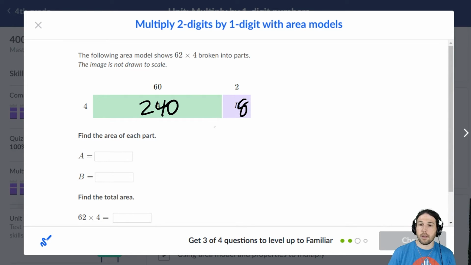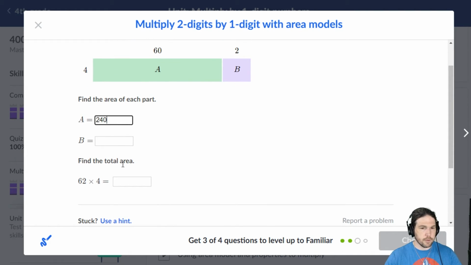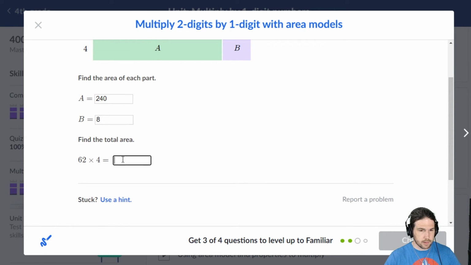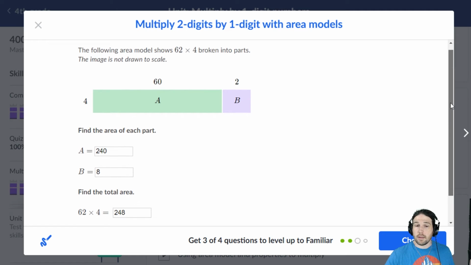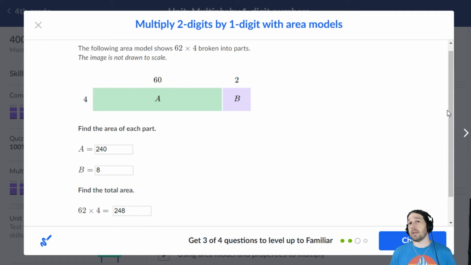So the area of the purple rectangle is 8. The total area is 248. 62 times 4 is 248. Let's go back over there. 248.